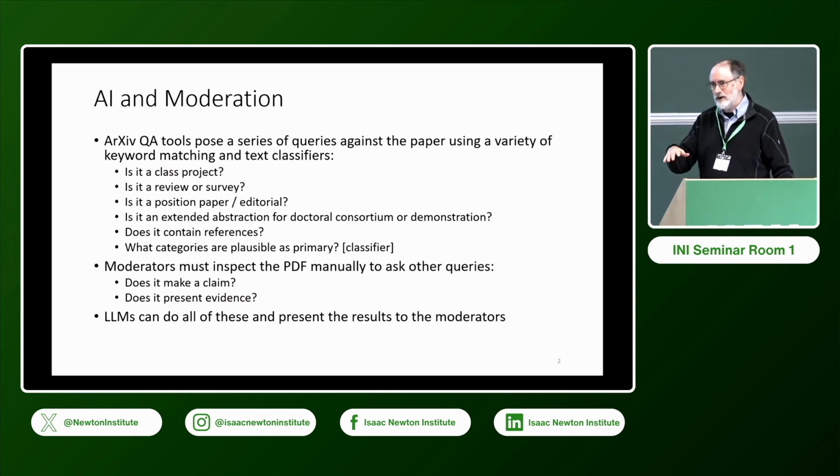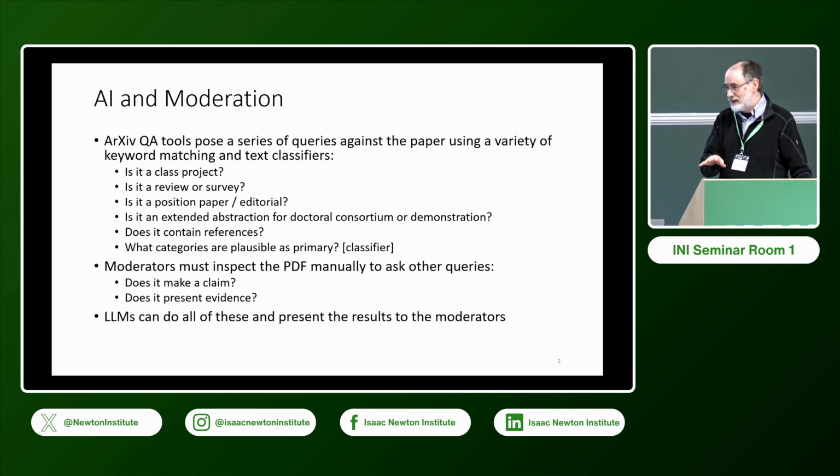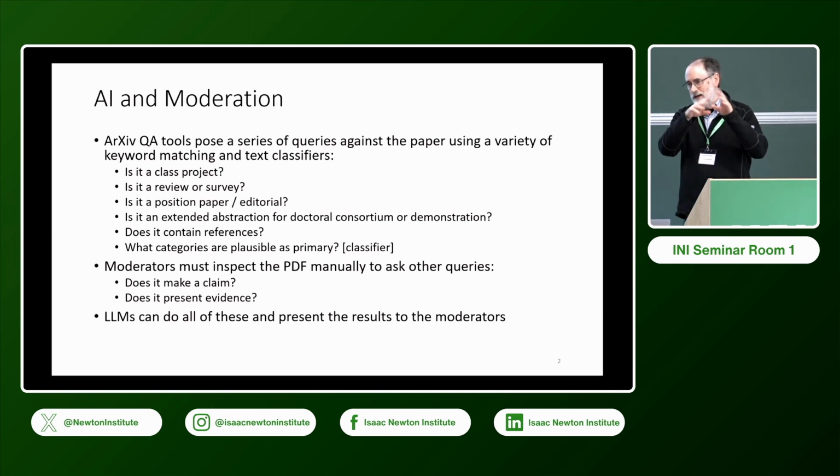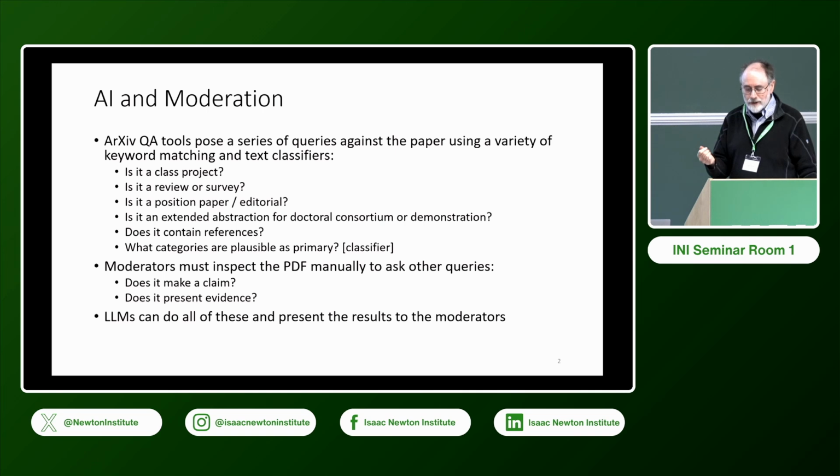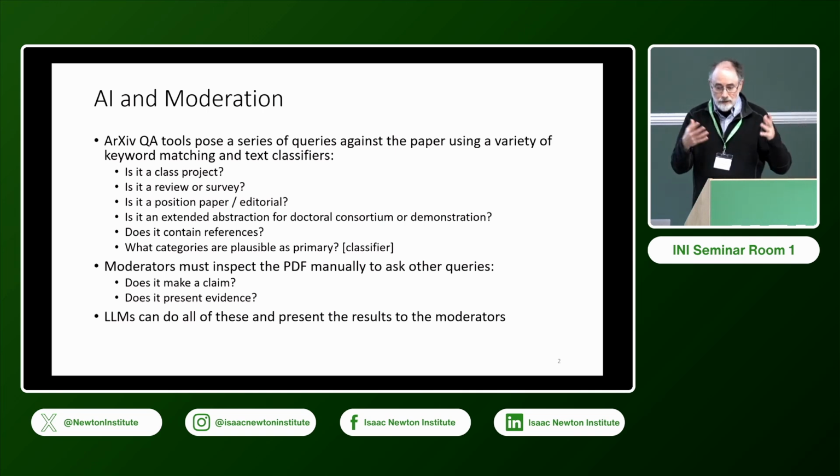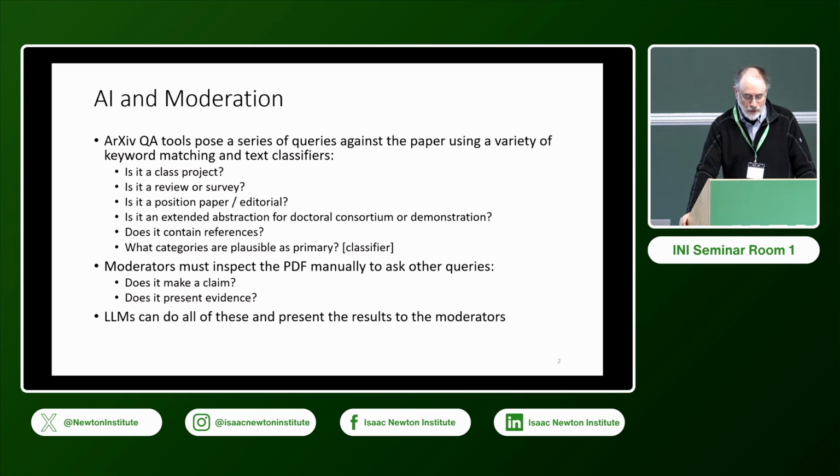These are all categories of articles we basically do not release. And then we also want to know which of arXiv's category areas are plausible as primary categories, and we have a classifier that does that using some modern machine learning techniques. So all of that, I think, could be done with LLMs.